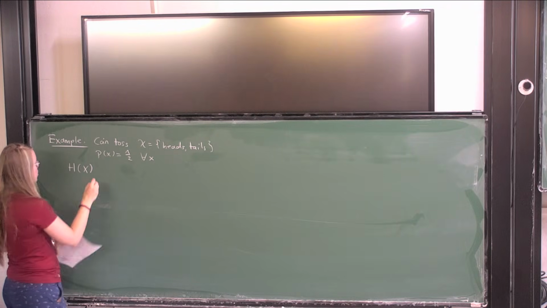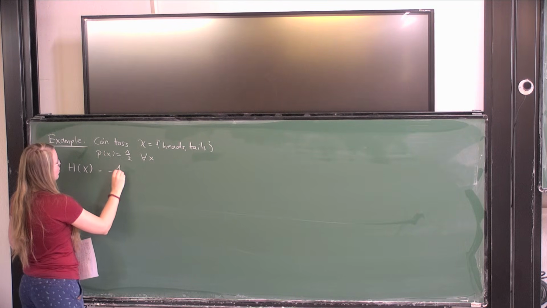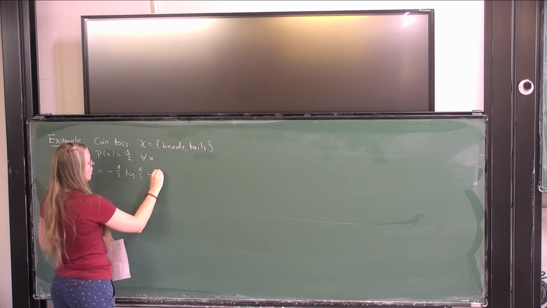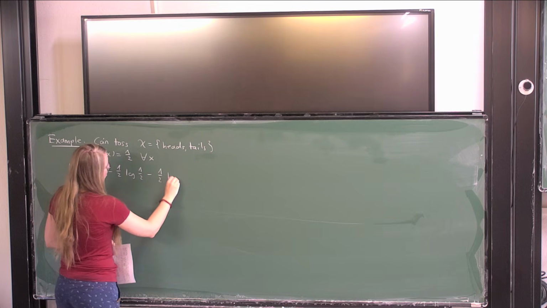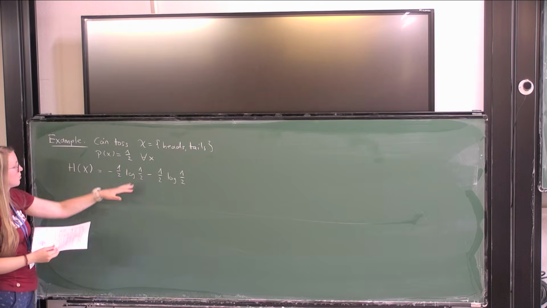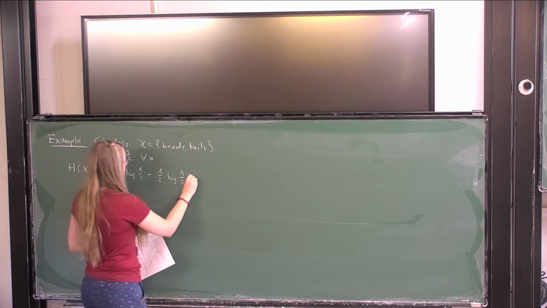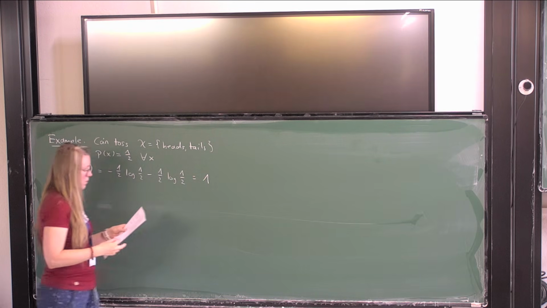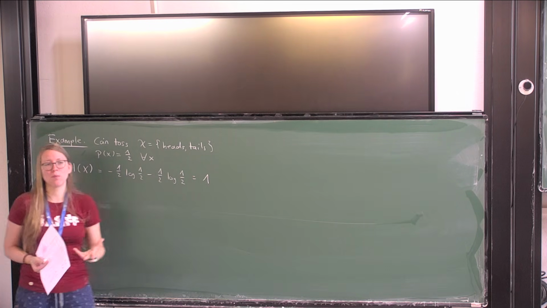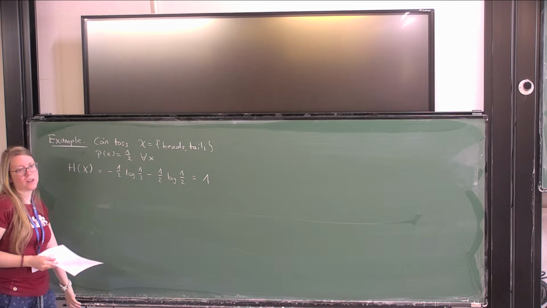We're just putting in the numbers for the probability distribution. So we have minus 1/2 log 1/2 minus 1/2 log 1/2. And if you do this calculation, what you get is 1. So when tossing a coin, you get exactly 1 bit of information out of that experiment.